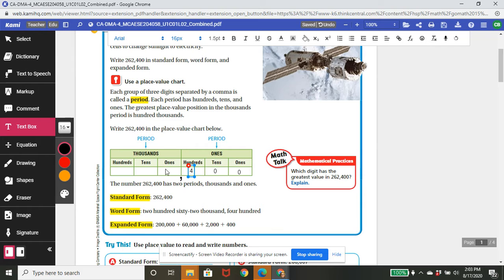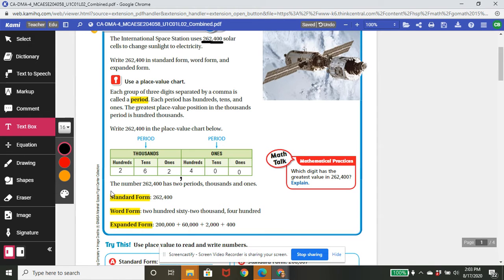So this 2 is in the 1,000s column. This 6 is in the 10,000 column. And this 2 is in the 100,000 column. Okay? Now, once I've figured that out, I can write it in the different forms.